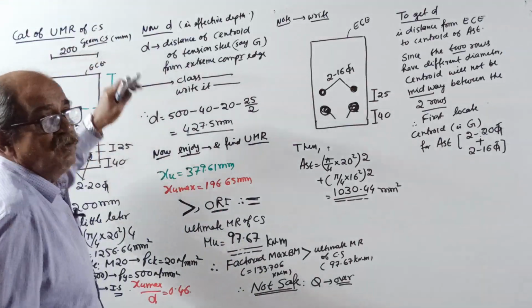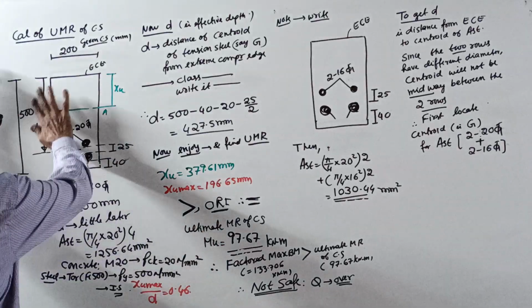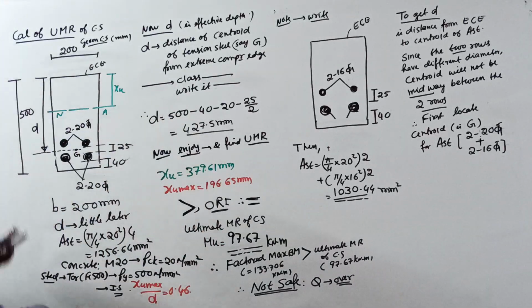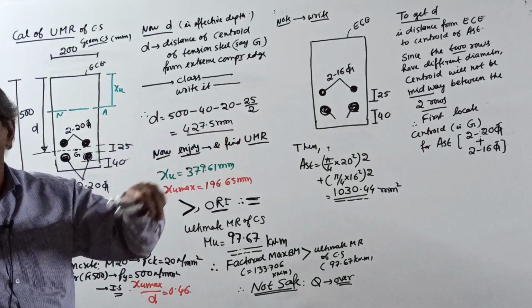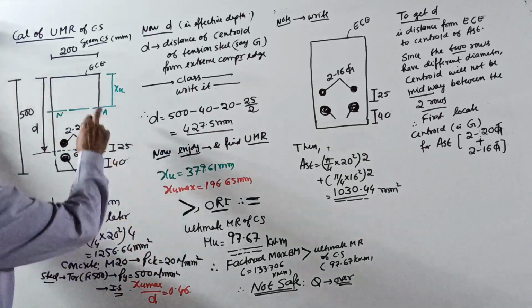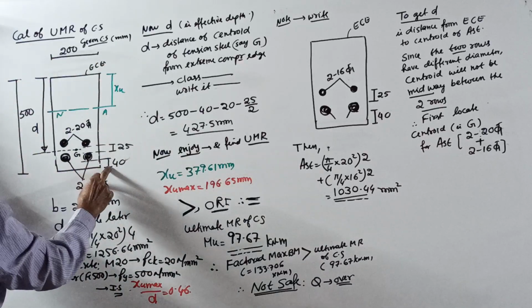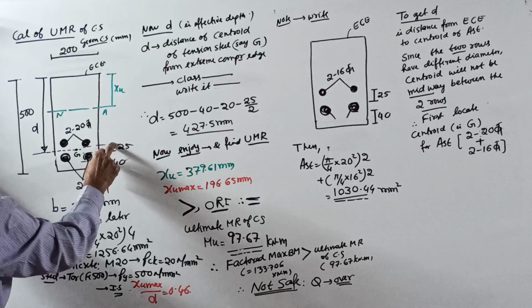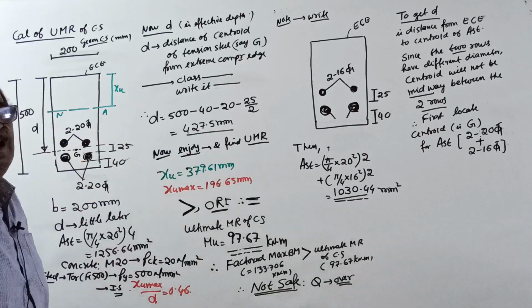Now, calculation of ultimate MR. See, not my problem. Write the cross section. Actually, something happened. I rubbed the question completely. I remembered the cross section is 200 by 500. Clear cover 40, between the rows 25, I remember. Diameter of bar, I don't remember.